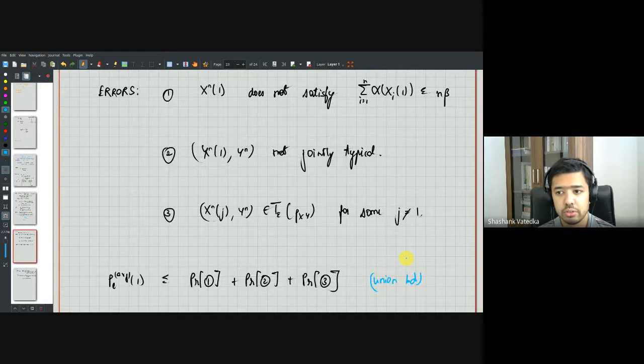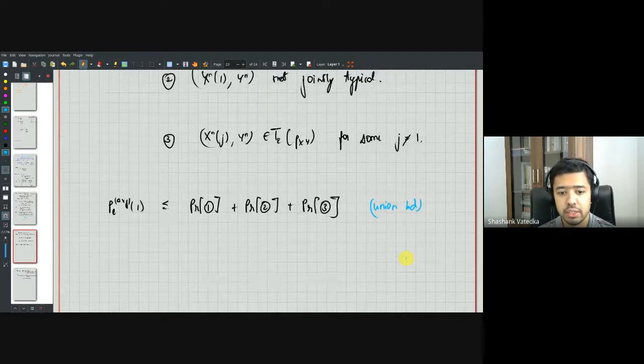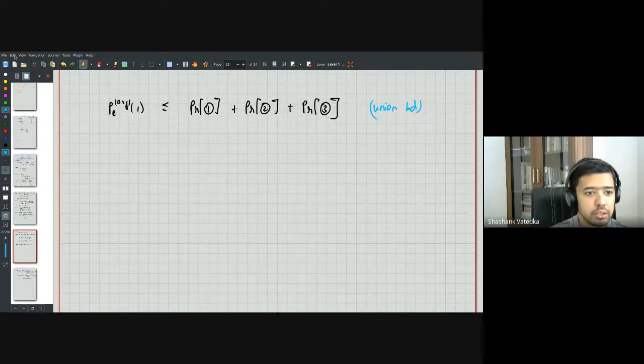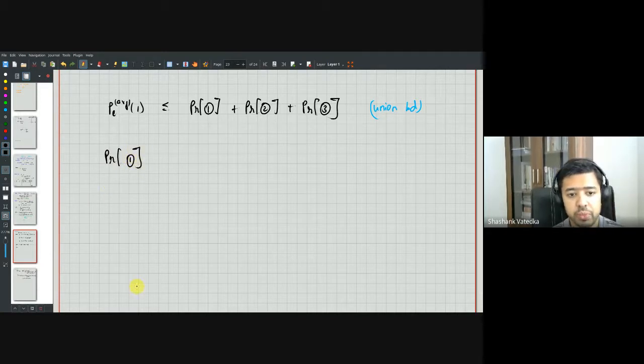Now let's look at each of these three error events. What is the probability of event 1 occurring?